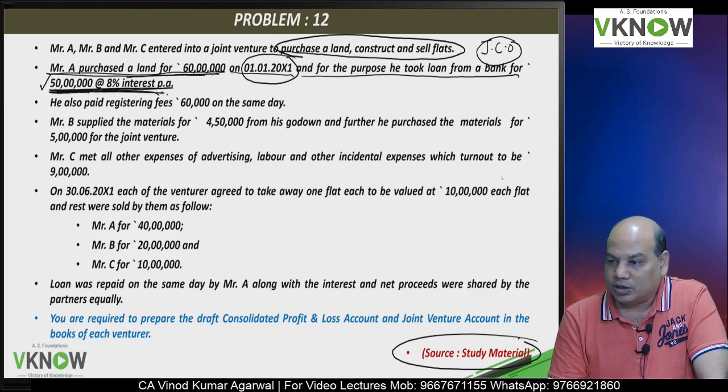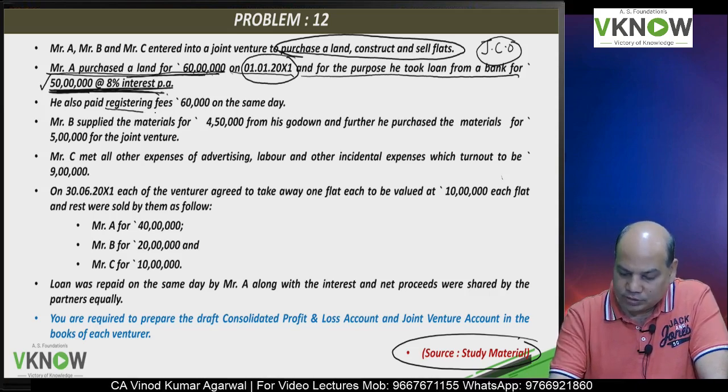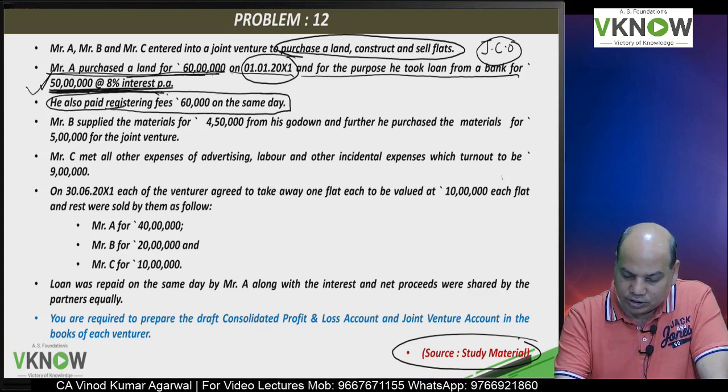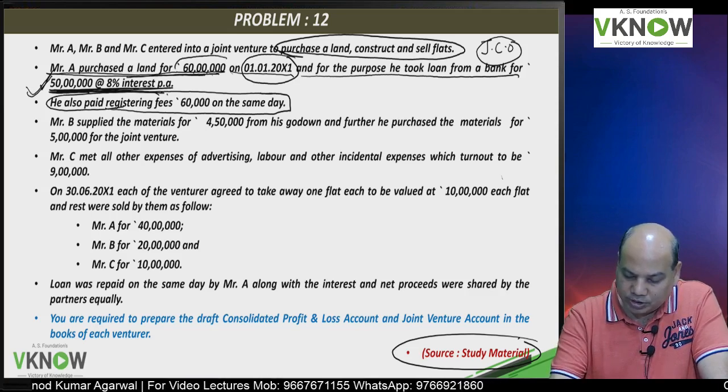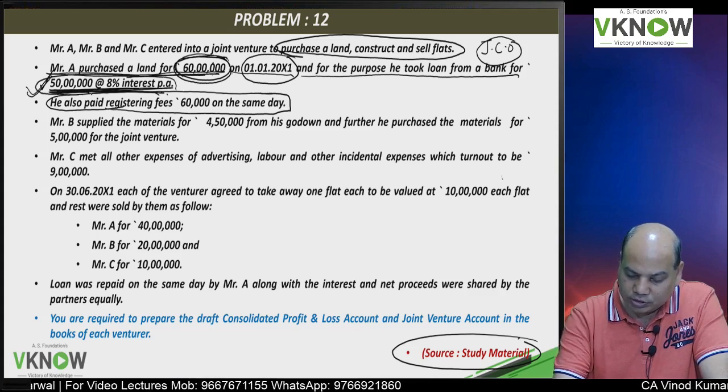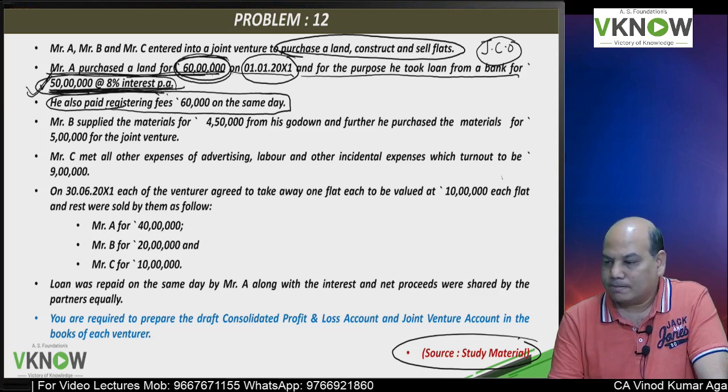He also paid registration fees of 60,000 on the same day. So these are the transactions of Mr. A. He purchased land for 60 lakh, but to purchase the land, the loan taken was 50 lakh.